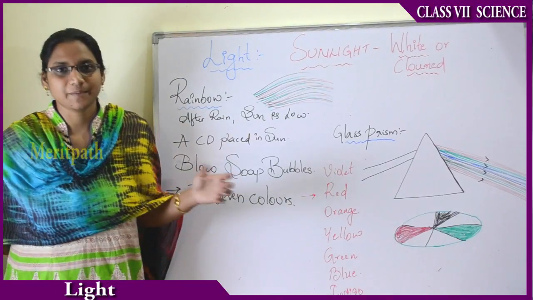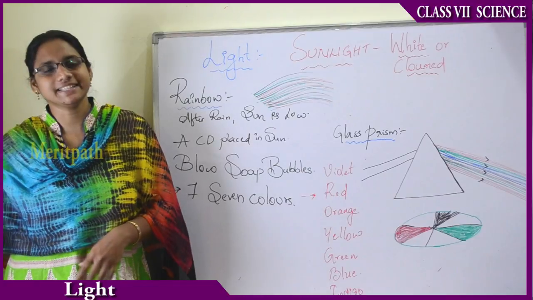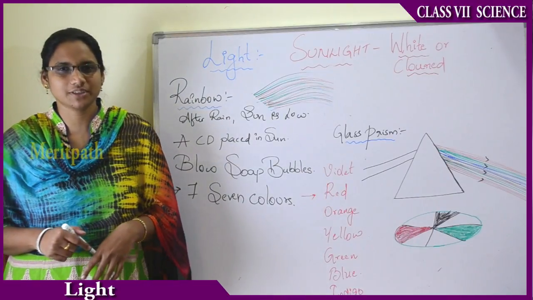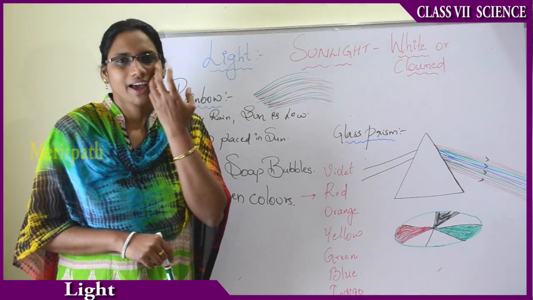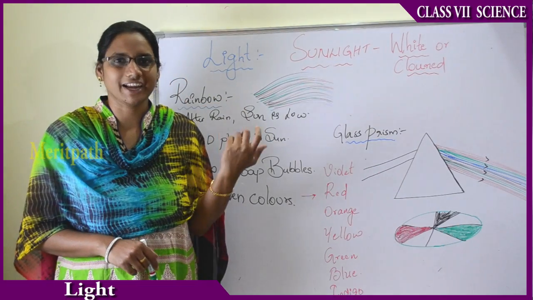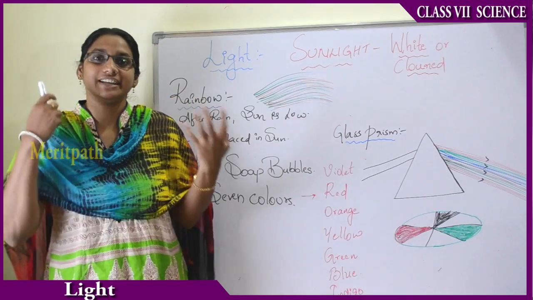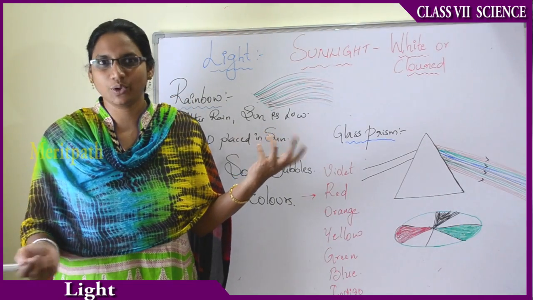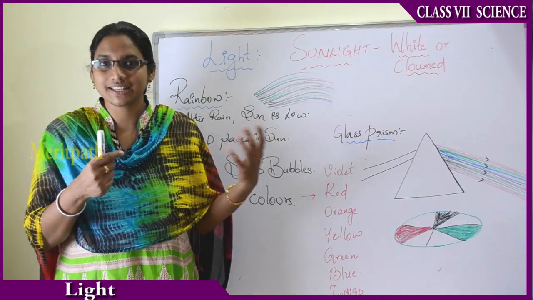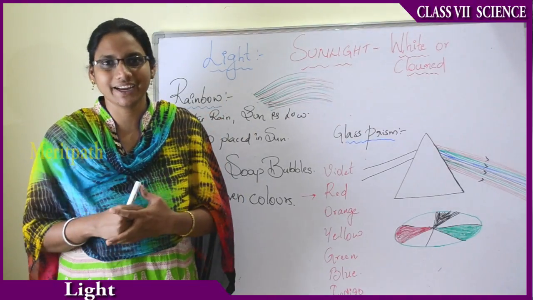Let us discuss the sunlight. Do you have any doubt or question raised in your mind regarding the color of the light of the sun? That means whether it is white or red or blue or green, whatever it may be. Do you have any guess or idea about the color of light?